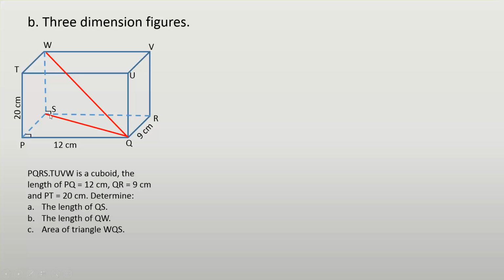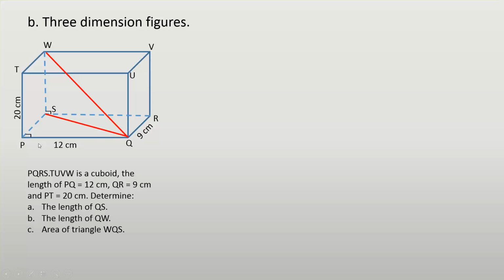So to determine the length of QS, please consider the triangle SPQ. It is a right triangle with P is the right angle. So QS is the hypotenuse. So we can use the Pythagorean theorem.